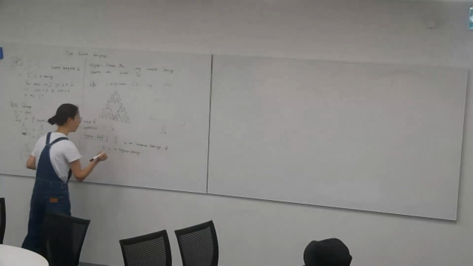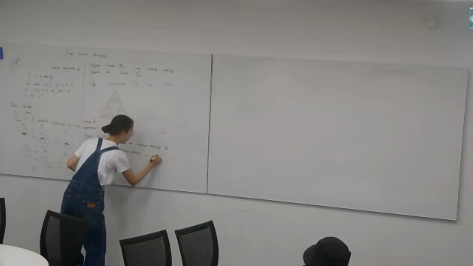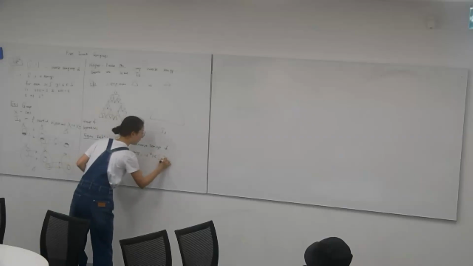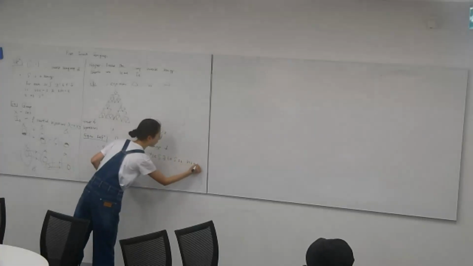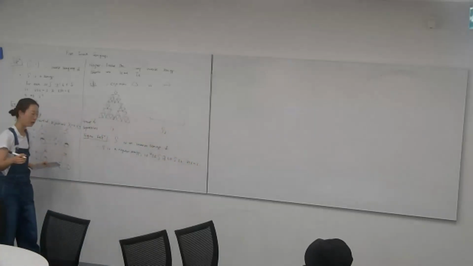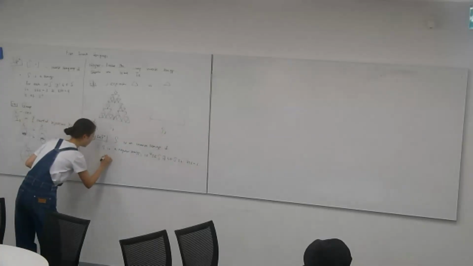What do I mean by that? It's a semigroup such that for every s in S, there exists some t in S such that sts is equal to s. So it need not be unique. But to make it unique, we need to make all of its idempotents commute.